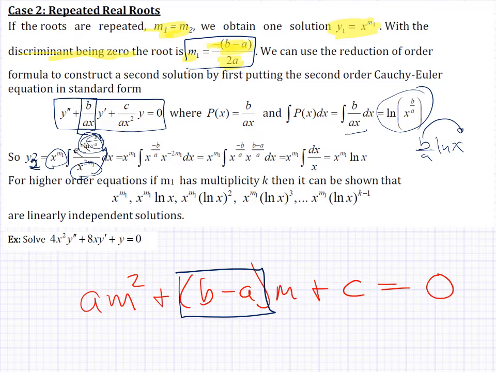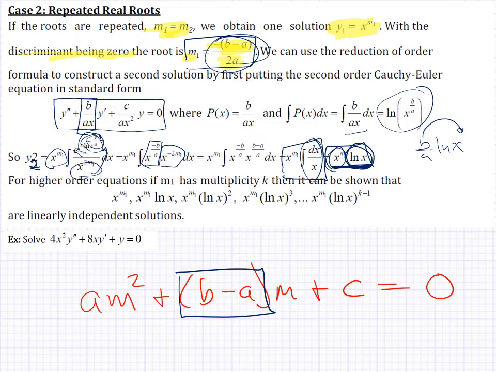E and the log cancel, so you get x to the negative b over a. You also have x to the negative 2 m1, but remember m1 equals this, so if m1 equals that, we simplify, we eventually get down to just x to the m1 times the integral of dx over x. Well, that's a logarithm integral, so the second solution should be x to the m1, which is the first solution, times log x.